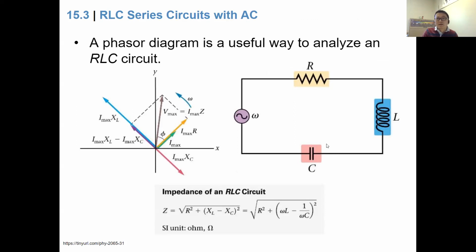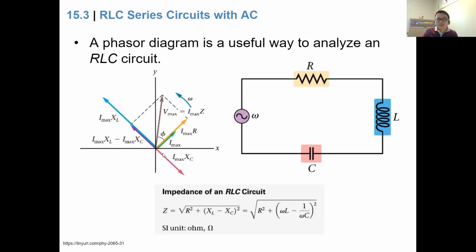On the capacitor, we'll have I maximum leading V max. And on the inductor, we'll actually have the voltage leading the current. The current through all three should be the same. The green one, but then on the resistor, V max will be I max times R.